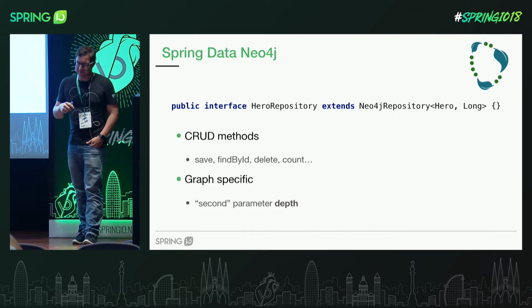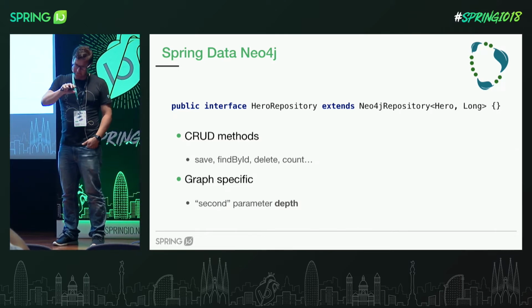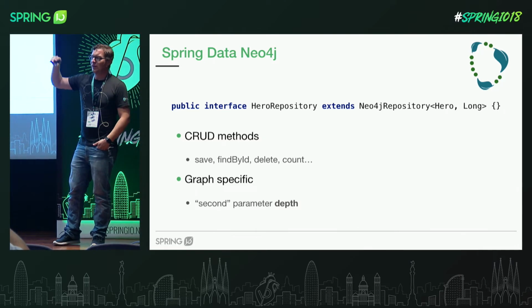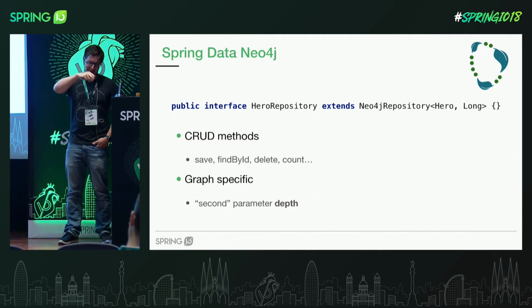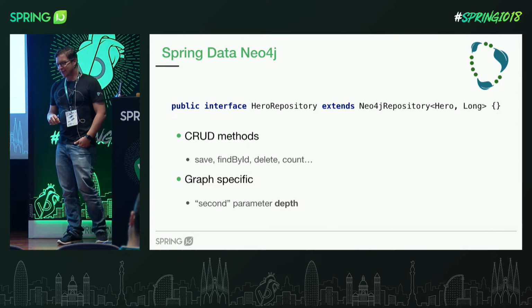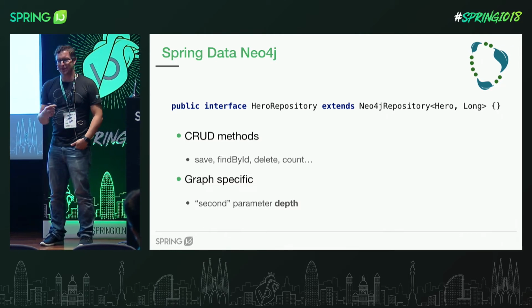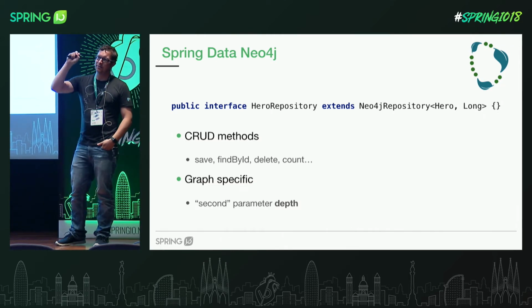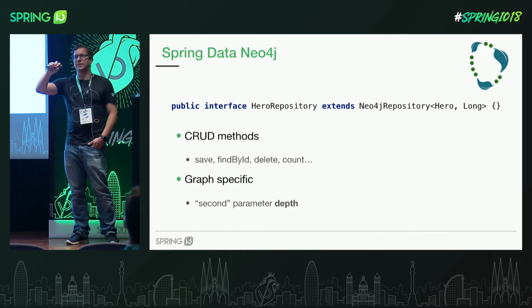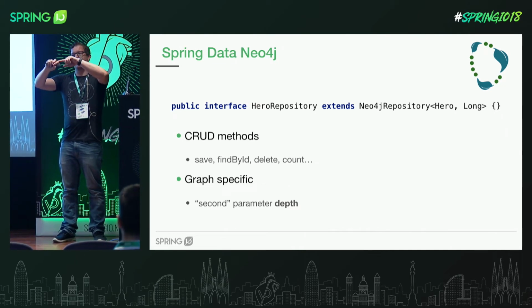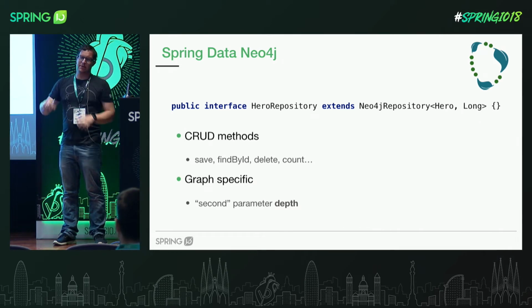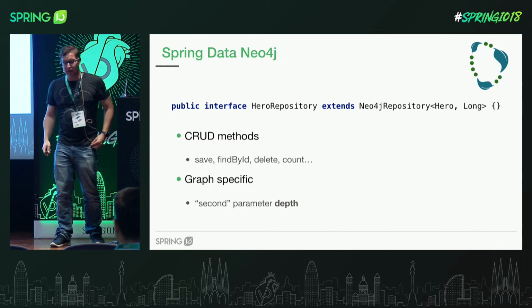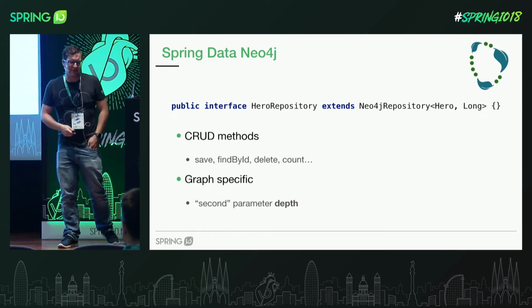Because the graph, as I told you, can get pretty large, and you do not want to pull in all the data of your graph and convert it to Java objects. So we have to limit it. The default depth is 1. That means if you load one node in the graph, it will look for the other nodes that are directly connected to it and fetch them, and nothing more. If you want more, you can customize it with a depth parameter.